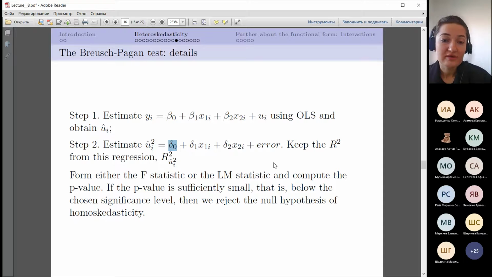And after this, we can use the F statistic or the Lagrange multiplier statistic and compute the p-value. So if the p-value is sufficiently small, you reject the null hypothesis about homoscedasticity and you conclude that you have the problem of heteroscedasticity, and in the next step you should solve this problem using some techniques we discuss, what kind of techniques you can use to solve this problem.